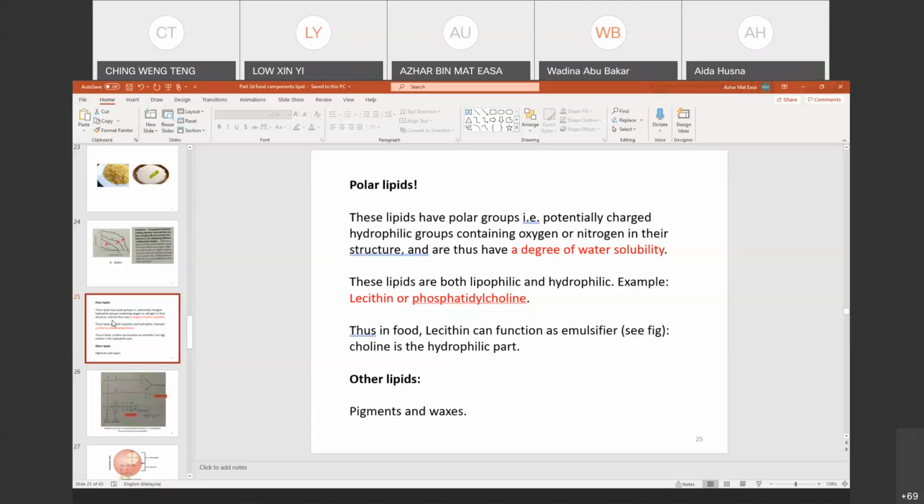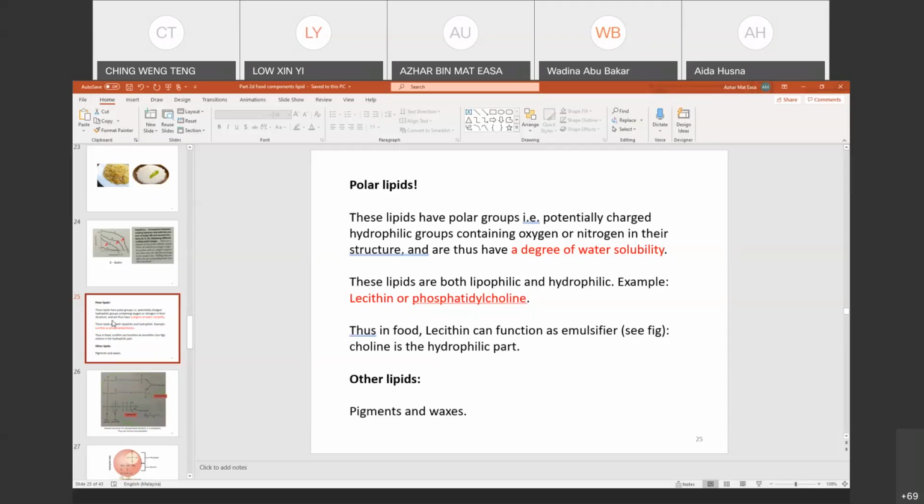Okay, so accept this fact that lipids can be polar, therefore they have a degree of water solubility. Fat can be soluble in water, but not all fat, of course, only these polar lipids.